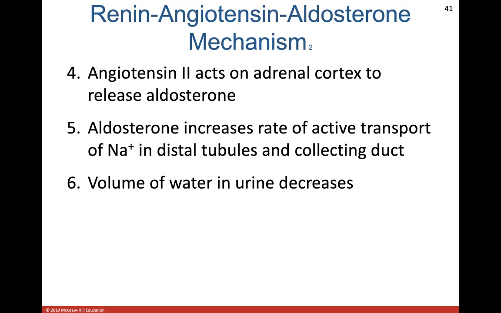Angiotensin 2 also acts on the adrenal cortex of your adrenal glands, which lie on top of your kidneys, to release aldosterone. And what aldosterone does is it increases the rate of active transport of sodium in the distal tubules and the collecting duct. And so what that will lead to is a decrease in the volume of water in the urine, again, in a sense to try to increase blood volume and blood pressure.